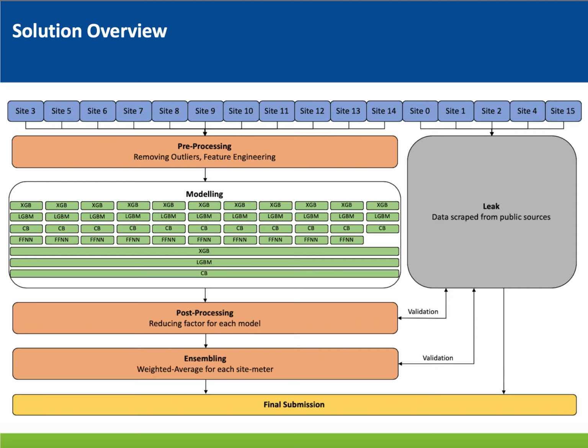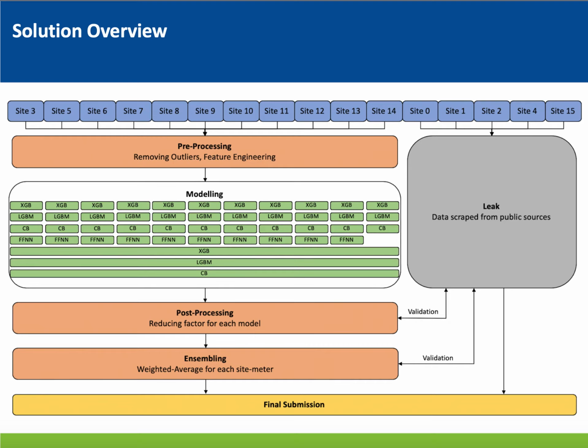Then came the modeling part, where we plugged in the cleaned datasets into these different models. XGB is the XGBoost model, LGBM is the LightGBM model, CB is the CatBoost model, and FFNN is the feed-forward neural network model. The first 3 are tree and boosting based models, whereas the last one, the FFNN, is a neural network based model.